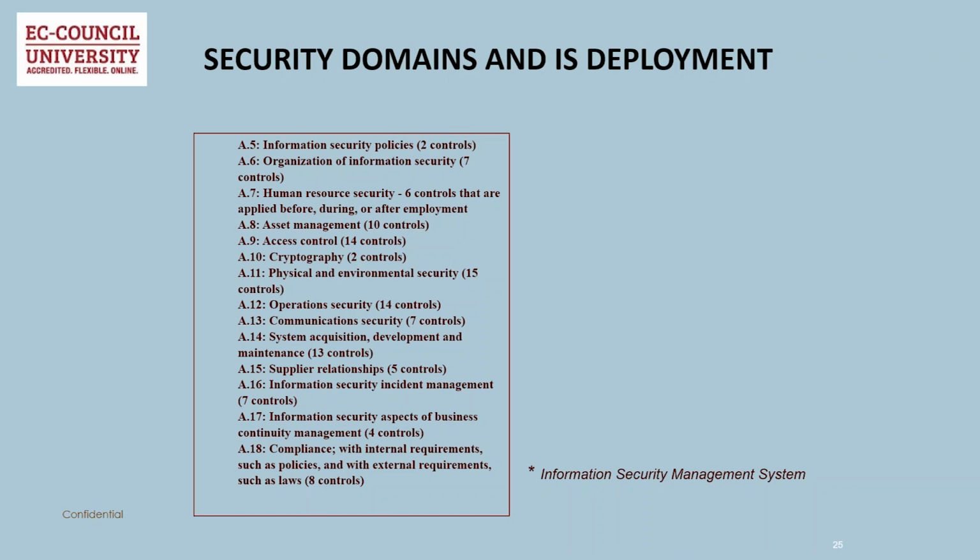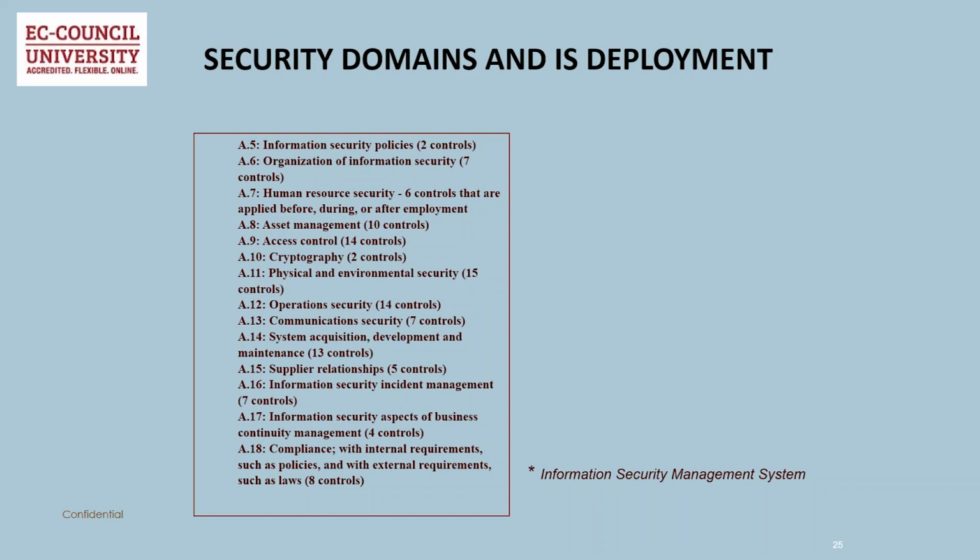Then we have the human resources security. There are 6 controls. So how do you recruit people? What is the basis of recruiting? What type of background verification you do? How do you provide training to the resources? How do you make sure that there is a proper code of conduct for all the employees? So all these are covered here.